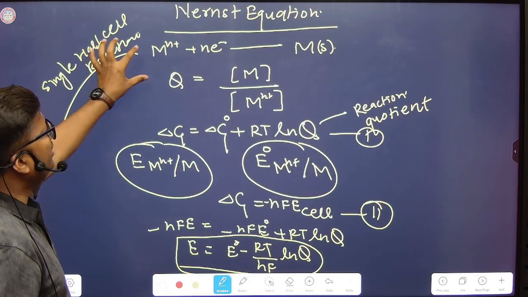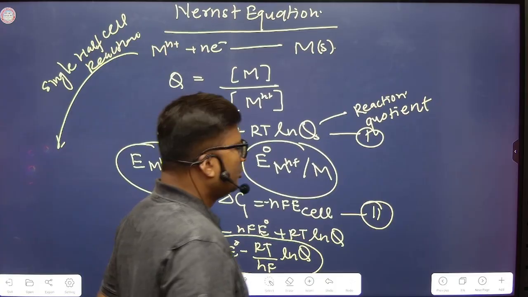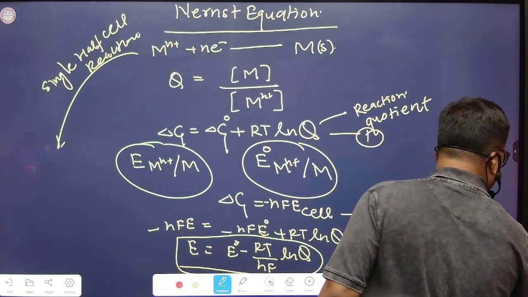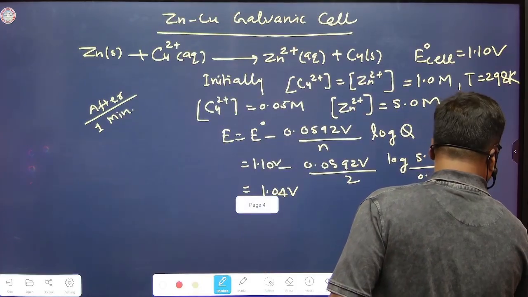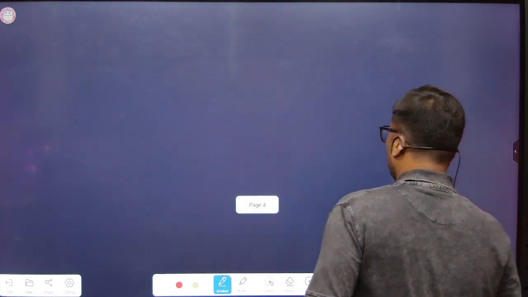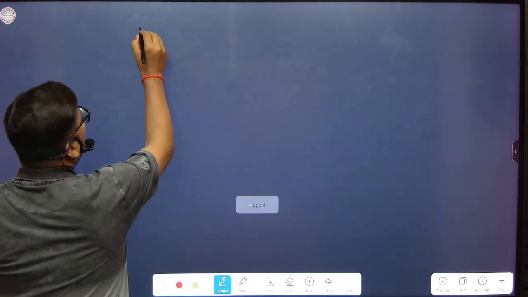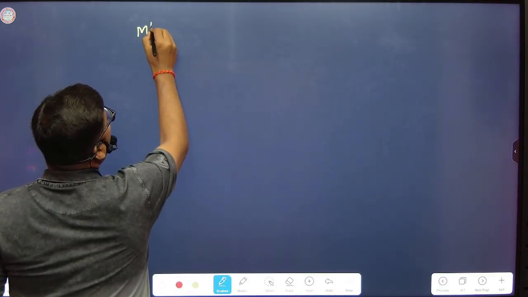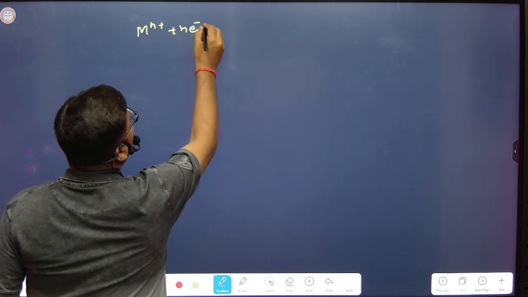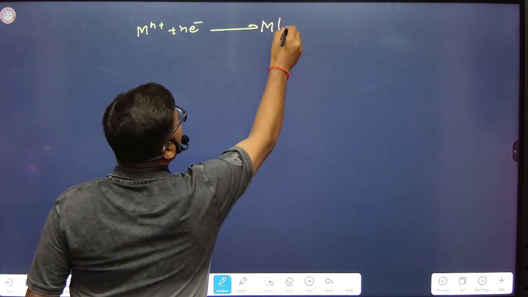So there is a reduction. What happens here? You can show here that M n plus plus n electrons is getting back to M solid, right?